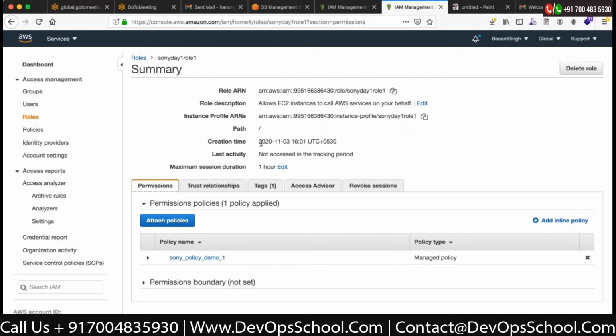Sure. So roles, users, policies, organization activity, service control policy. Then you have identity providers.